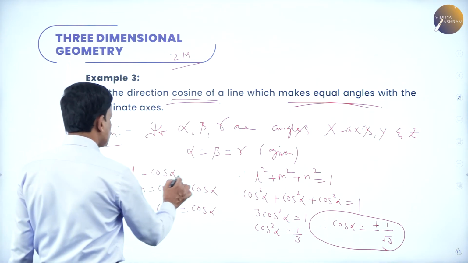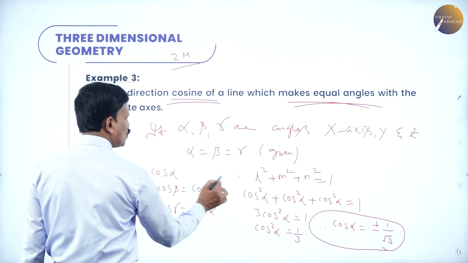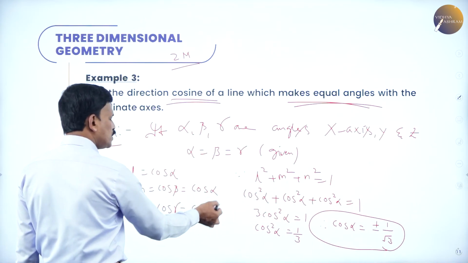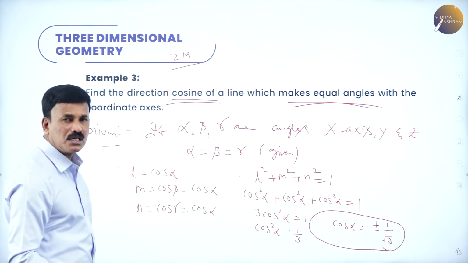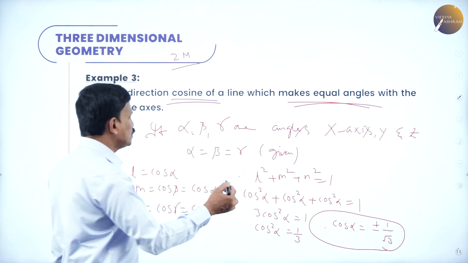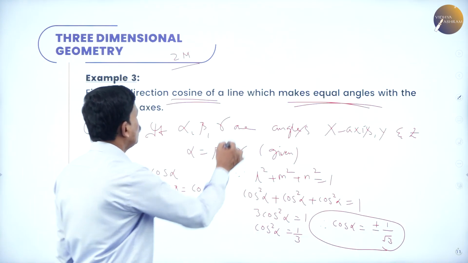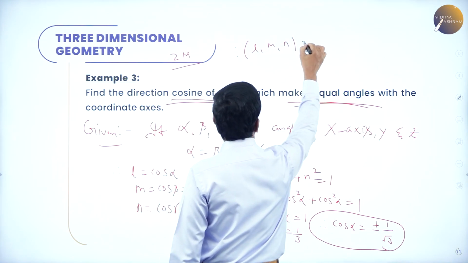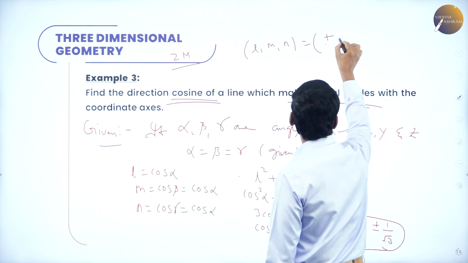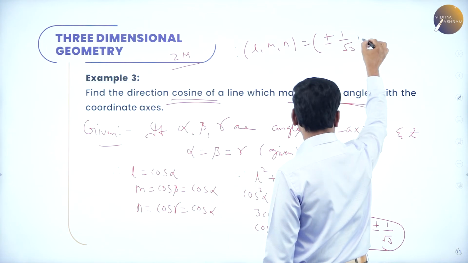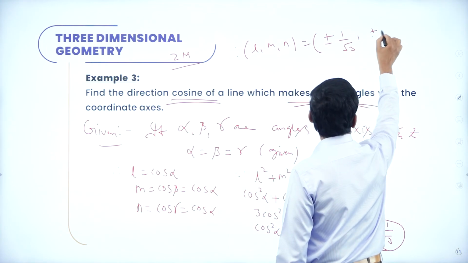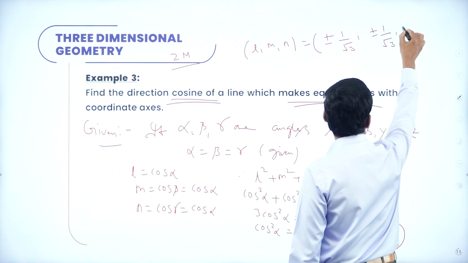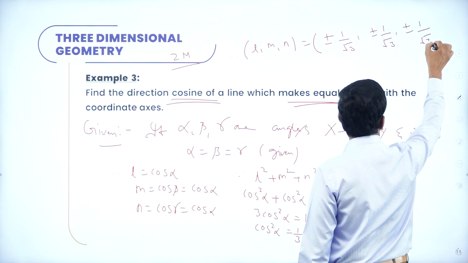So substitute here. Cos alpha is equal to 1 by root 3. Cos beta is also equal to 1 by root 3. Cos gamma is also equal to 1 by root 3. So therefore, l, m, n are plus or minus 1 by root 3, plus or minus 1 by root 3, plus or minus 1 by root 3.